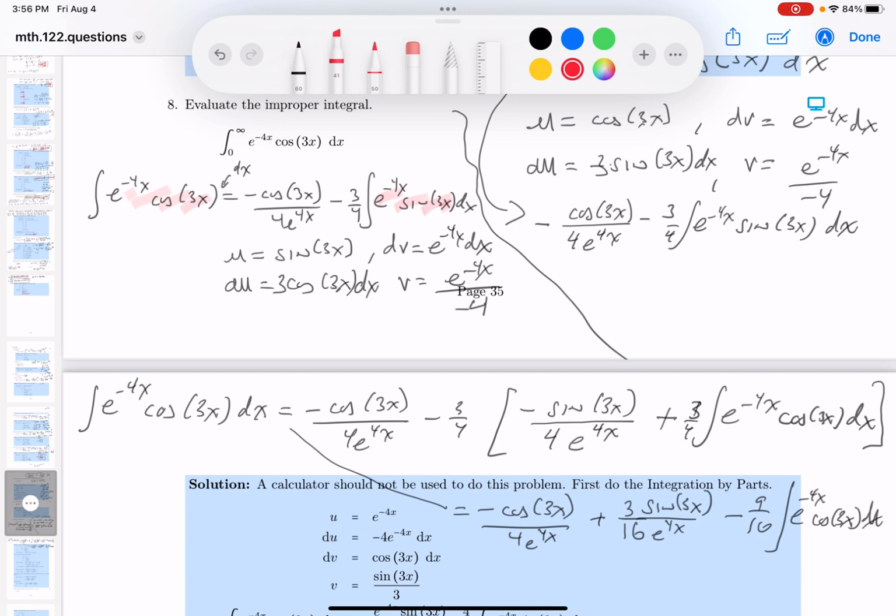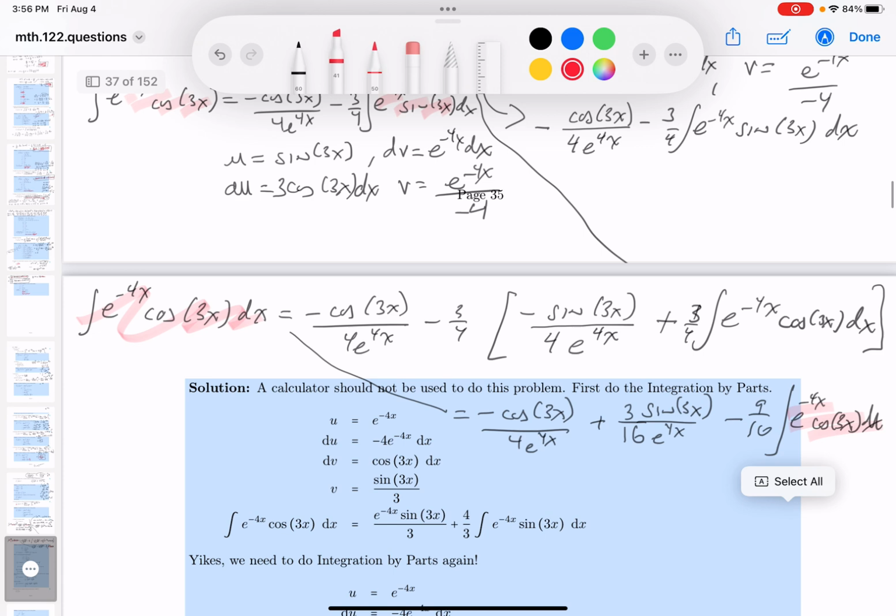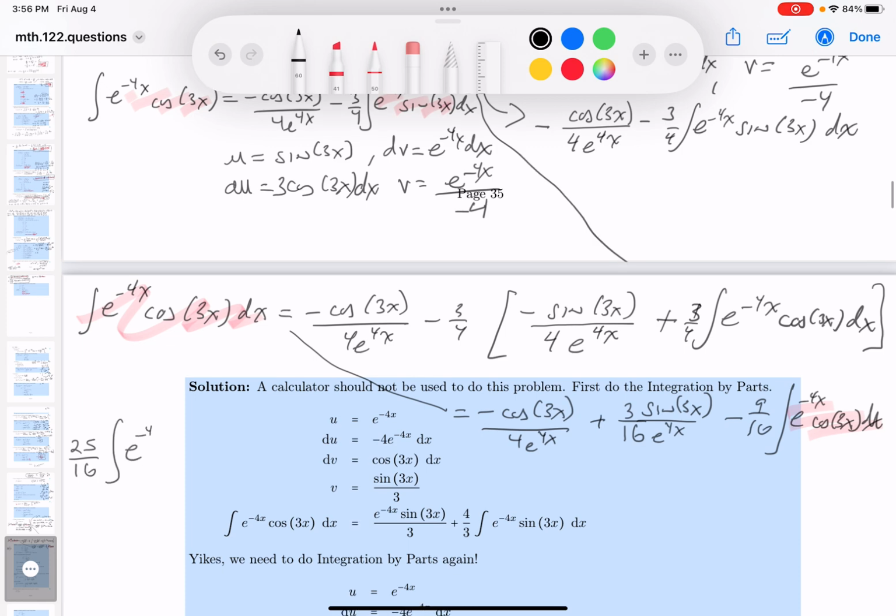What do I notice now? I notice that this guy here is the same as this guy over here. So basically just add it to both sides. Now if you do that, what do you get? I know I got to write that down, by the way. That's going to be 25/16 of the integral of e to the minus 4x cosine 3x dx.